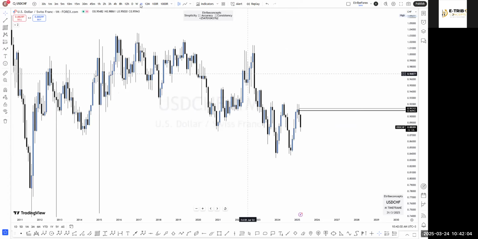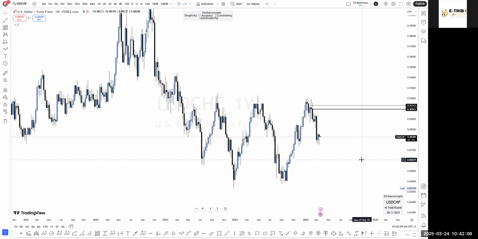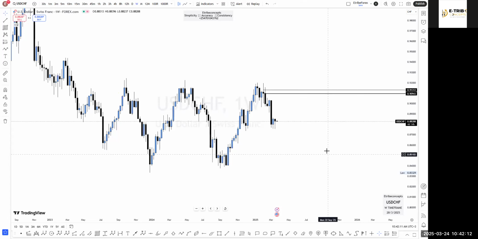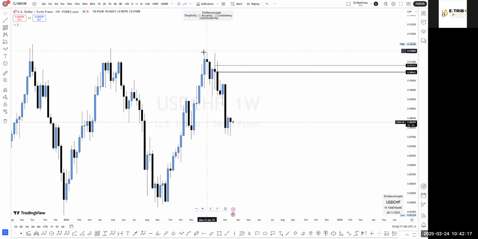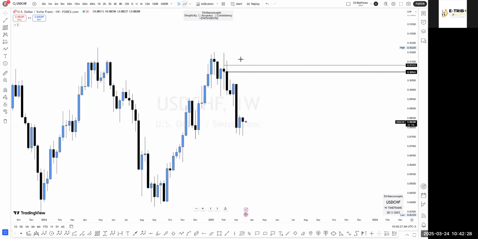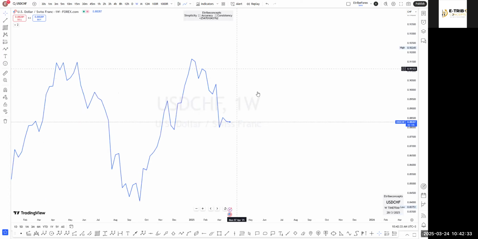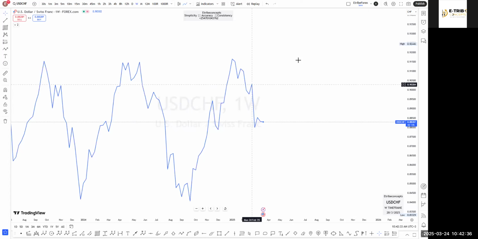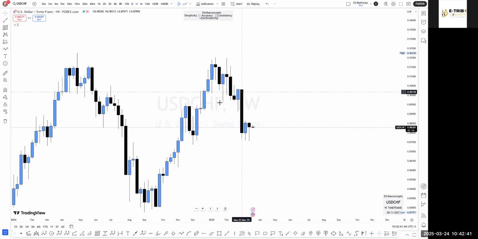So when you look at USDCHF, monthly, that's what we have. So let's check on the weekly. When I look at the weekly time frame, I can see price did a shift.